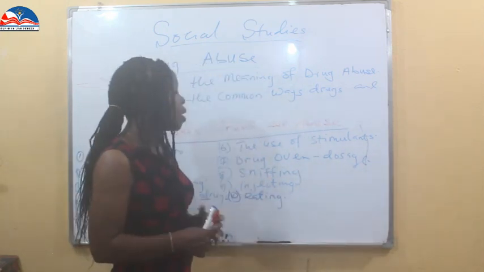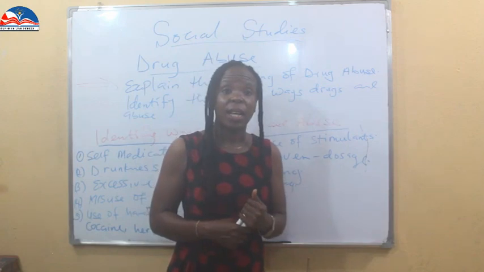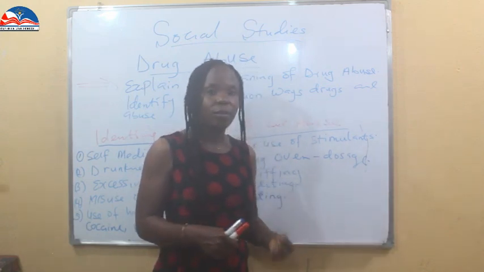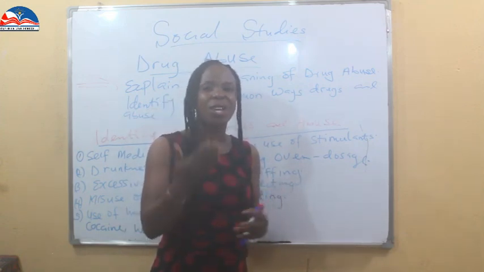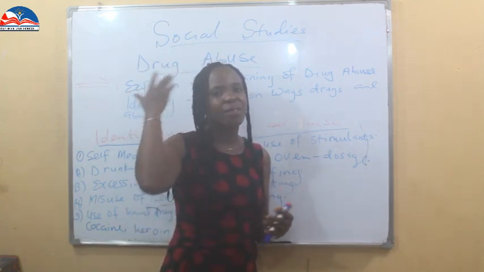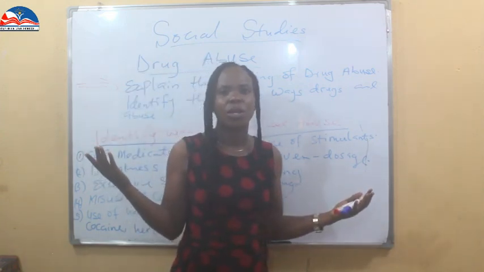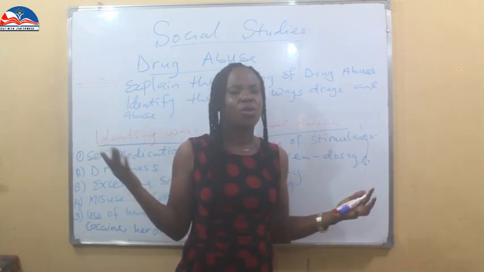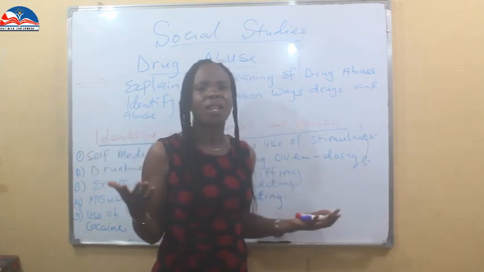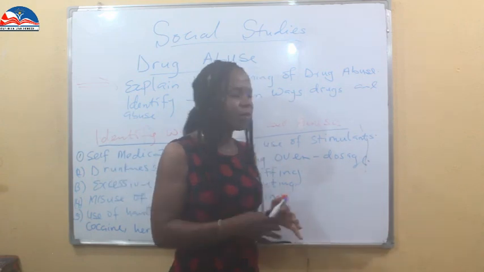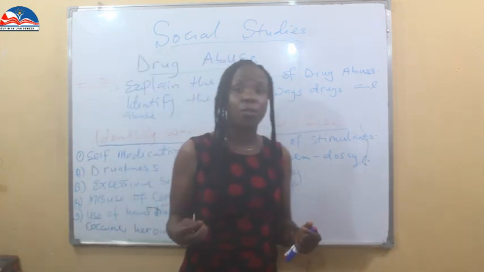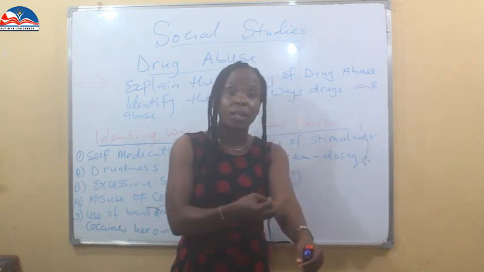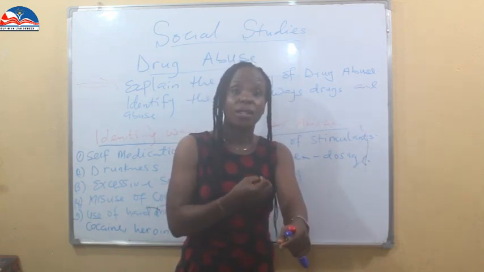Then, snuffing or sniffing. People inhale through the nose. Sometimes over time it accumulates and has negative effects on individuals' health, mental health, the overall health. Sometimes it leads to death. Injecting: you see some people injecting hard drugs into their system.